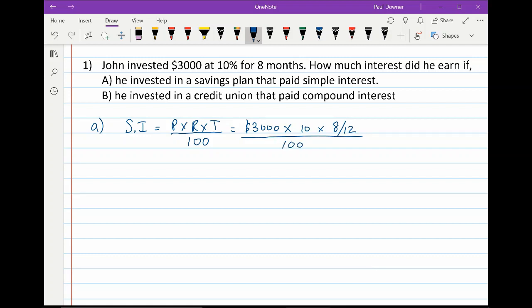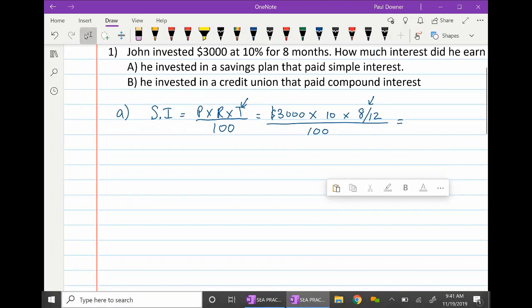Now this 8 over 12 is where most of the issue came in. Many people forgot that. 99% of people forgot to divide by 12 because the time here must be in years always. All right, so it's very important that you remember to do that. So I'm gonna put this on my calculator, right?